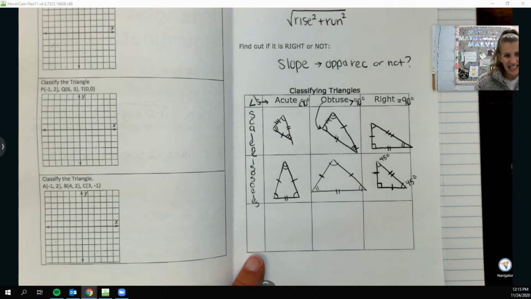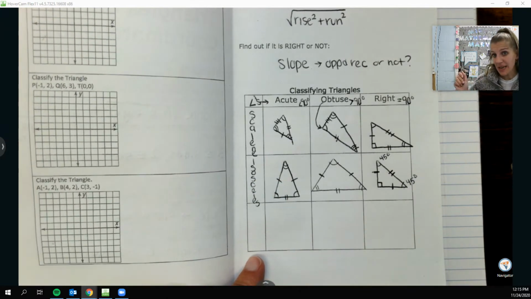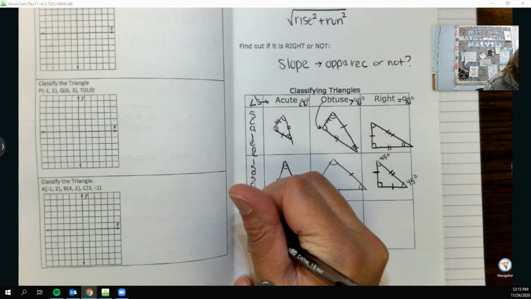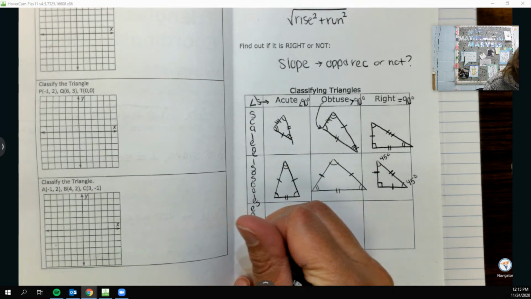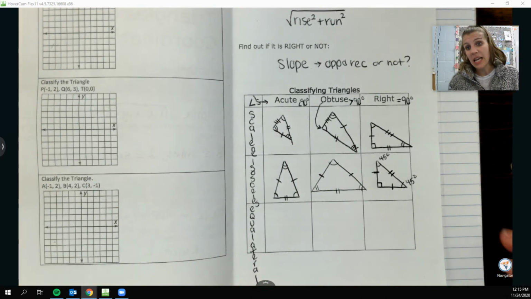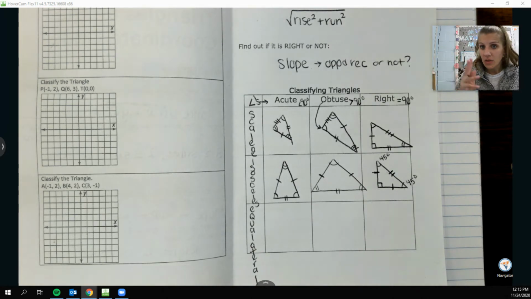All right. If all three of my sides are the same, then I'm called equilateral. It kind of explains itself. Equal, so all equal. Lateral means sides.